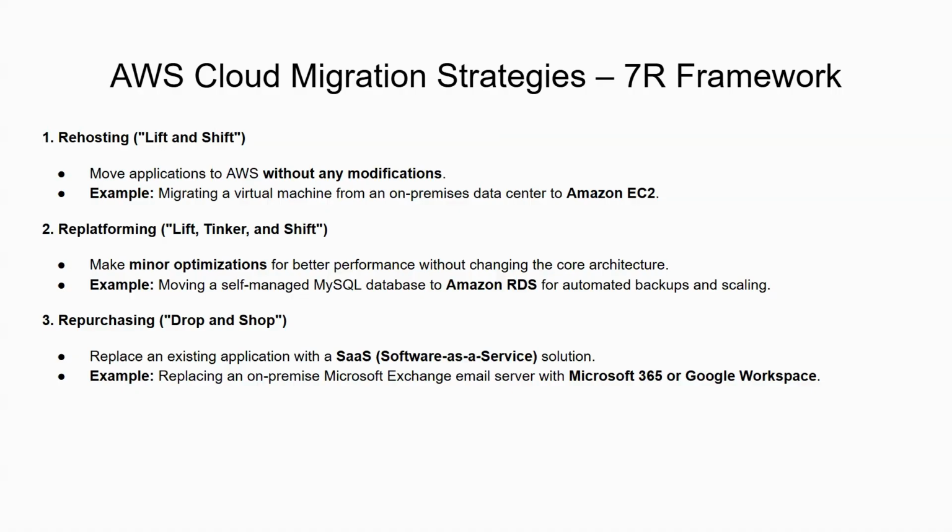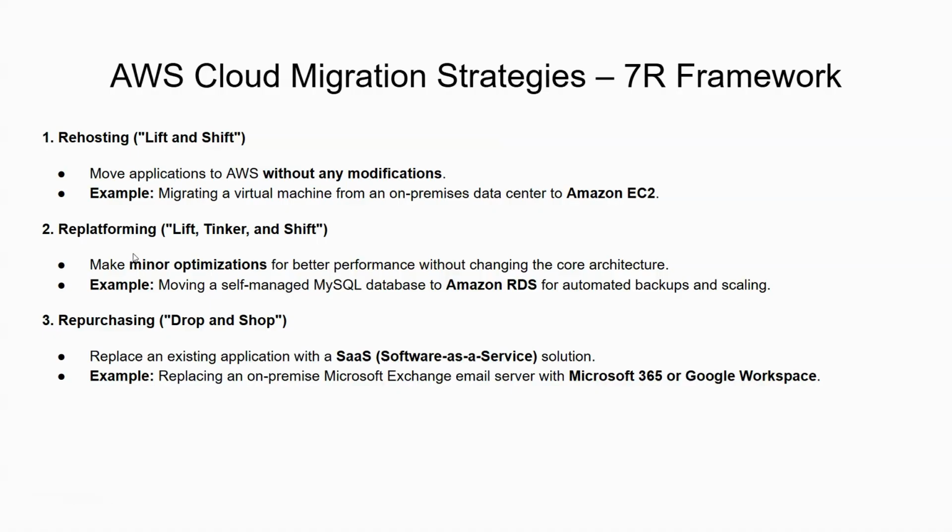In this phase, we'll only make very minor changes. And repurchasing, replace an existing application with a SaaS solution. Because on-premises we need to purchase all the services, but when you move to the cloud, you can use SaaS services.